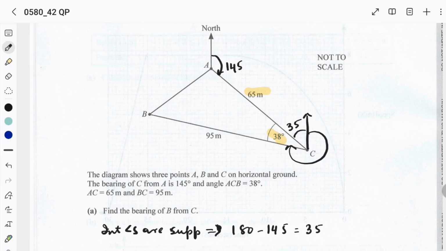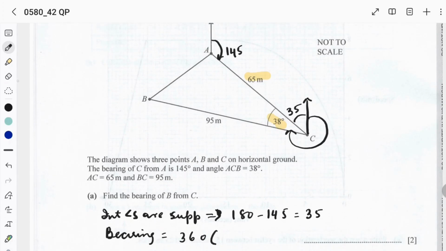Now we are ready to find the bearing of B from C. That will be 360 minus 35, and one more angle, plus 38.